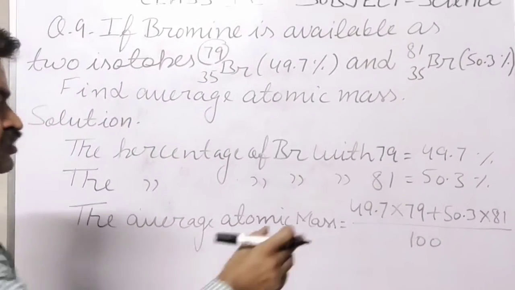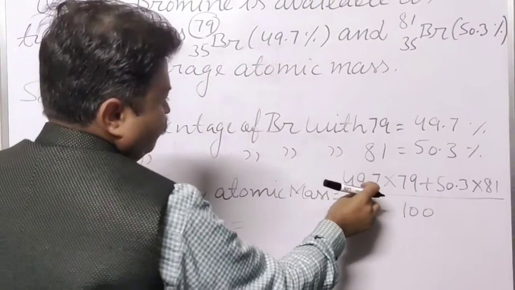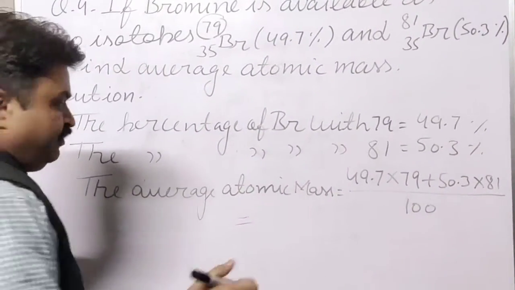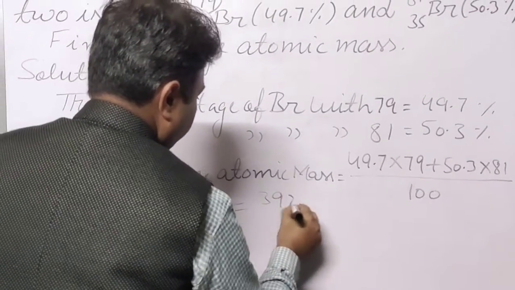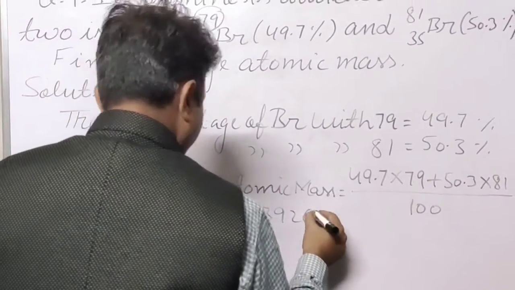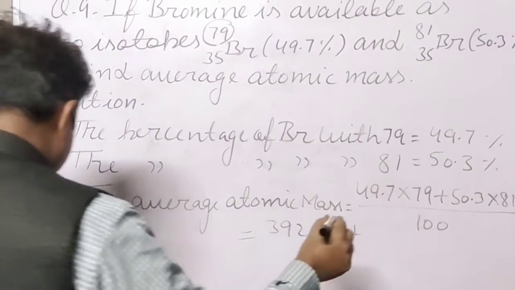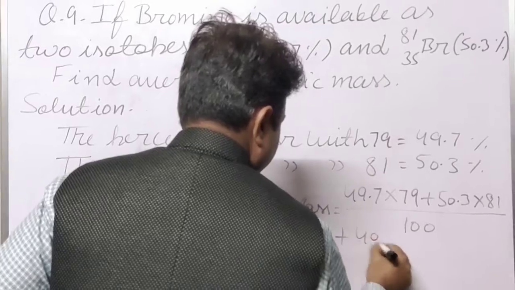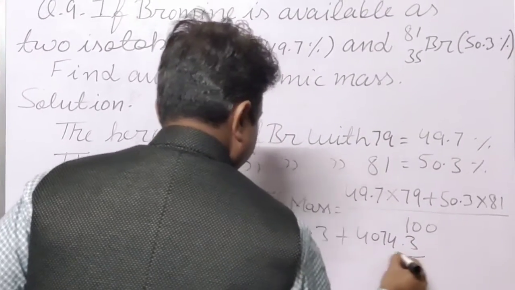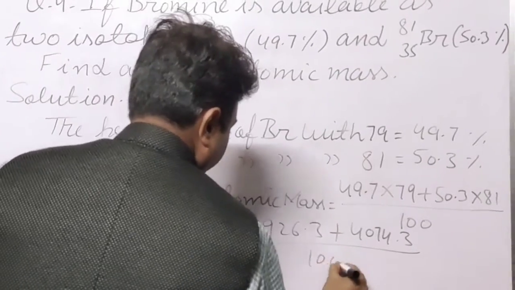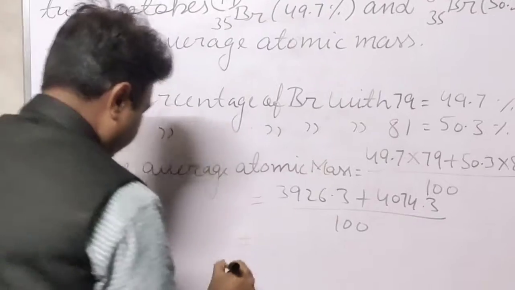atomic mass. So in the first calculation, 49.7 multiplied by 79, what do we get, students? We get 3926.3, and in the second we will get 4074.3, divided by 100. Now when we add it, students, what will we get?